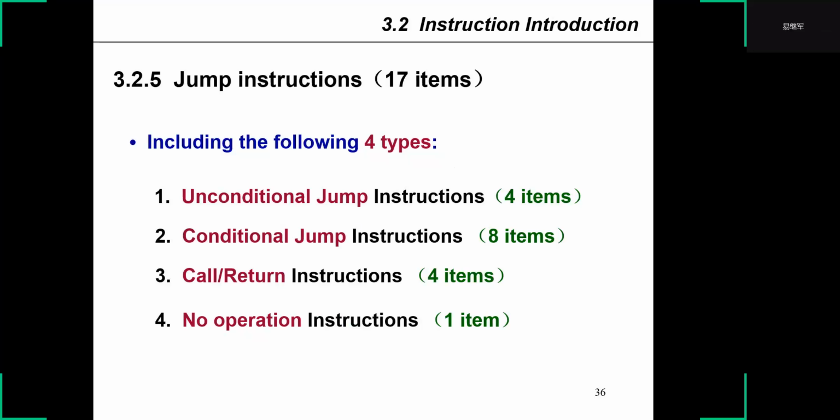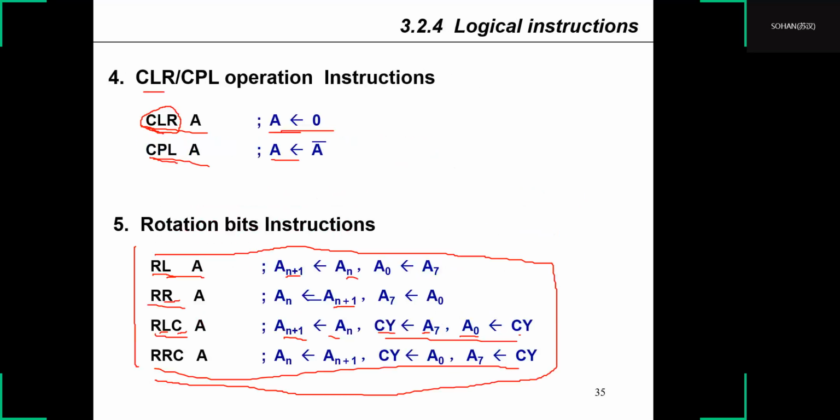We need to memorize this chart, the previous slide, this series of rotation bits instructions. Do we need to know this series, An plus 1 from An?